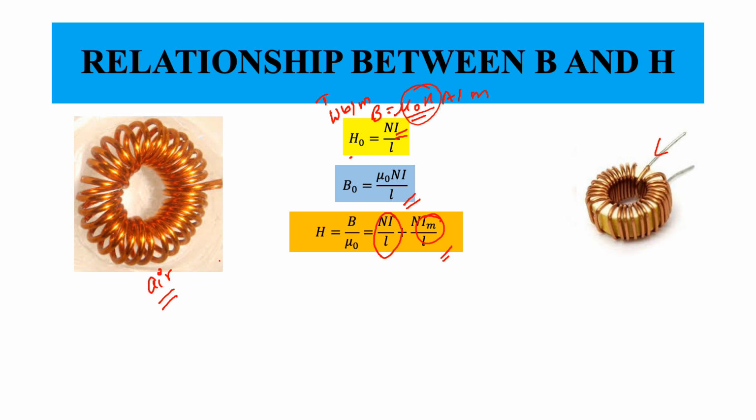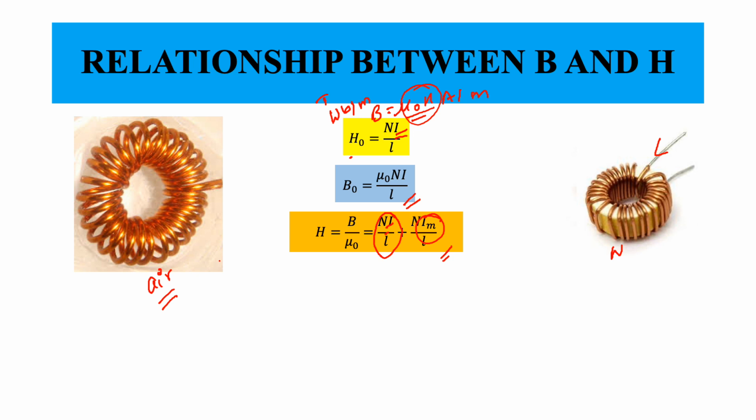If there are N turns and L is the length, the total H produced will be N I by L plus N Im by L. So this should actually be equal to field B. So one second, let us write this down in a slightly different manner. Initially, let us put mu naught out here.